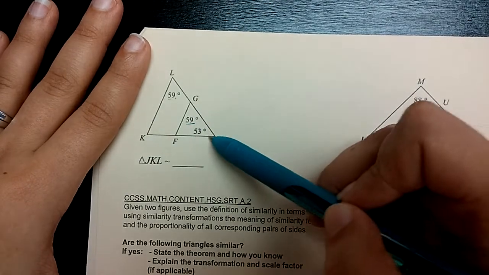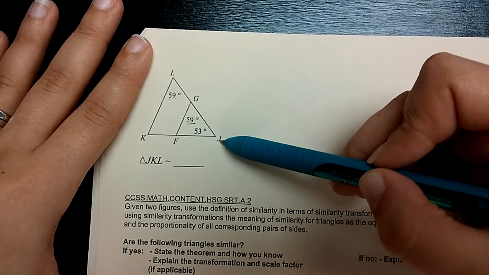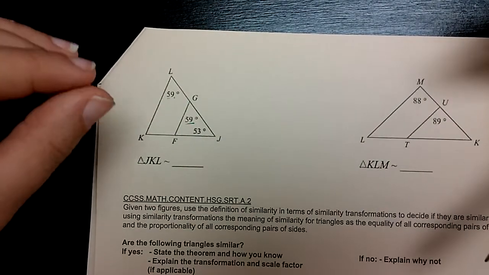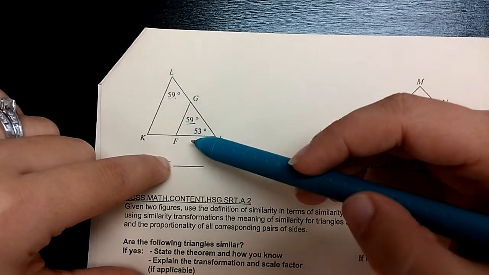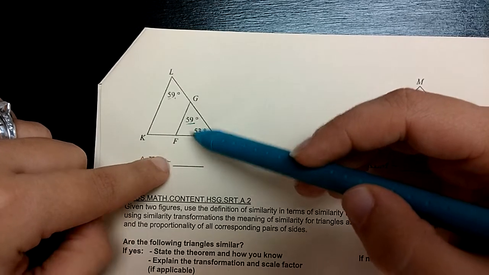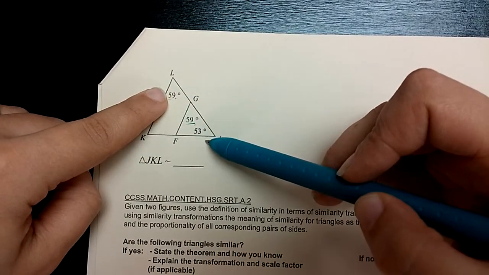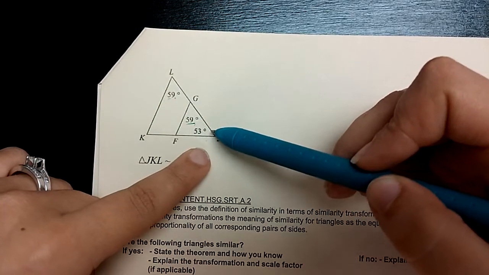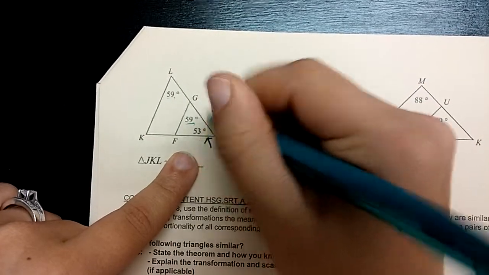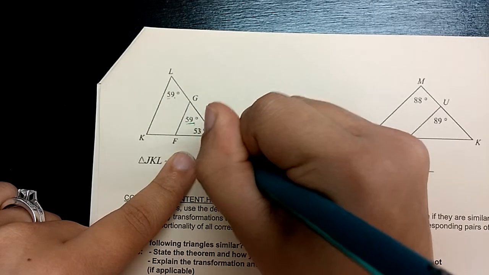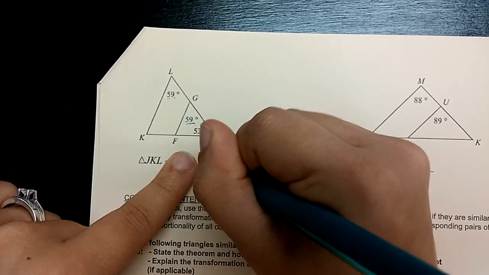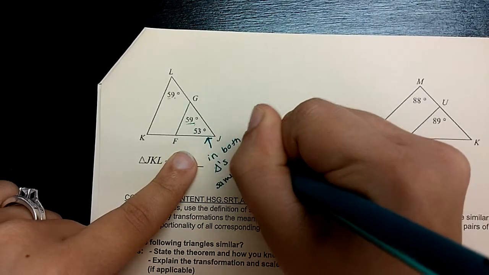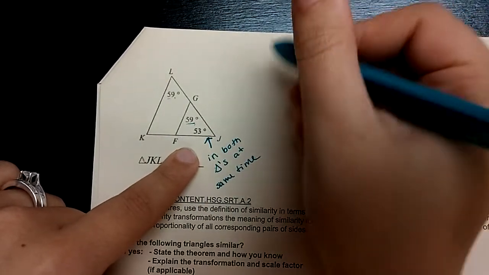But it's also part of the larger triangle, which is 53 degrees. So this angle J is in both triangles at the same time. These are also an example that are similar by the angle-angle theorem because we have two pairs of corresponding angles congruent: 59 degrees, and 53 degrees is in both. If you want to make a note, this angle is in both triangles at the same time. That's where I'm seeing two pairs of corresponding angles.